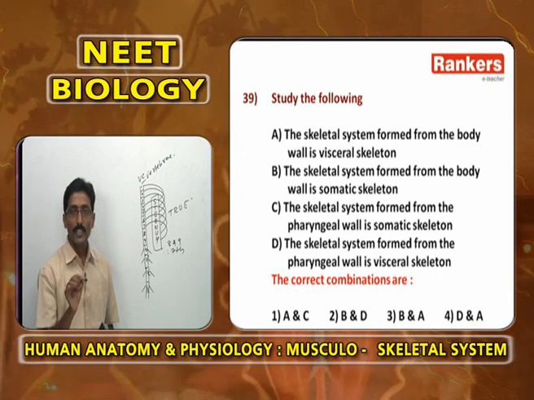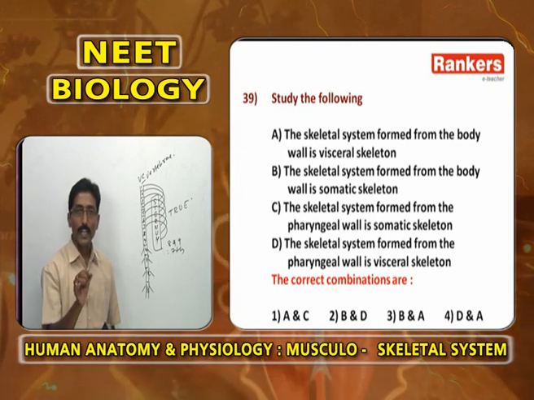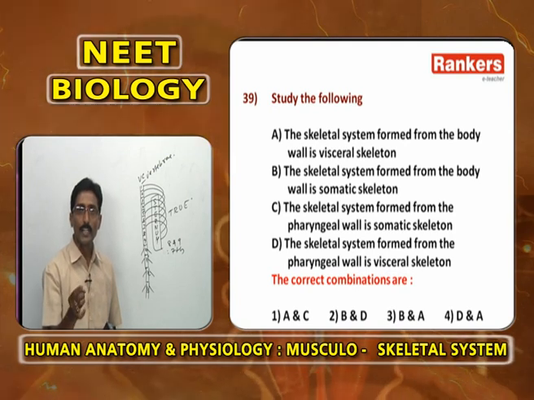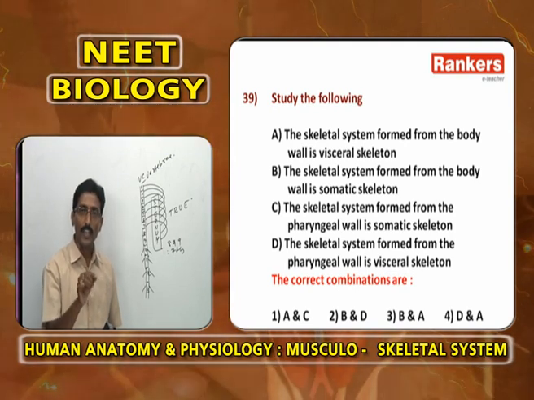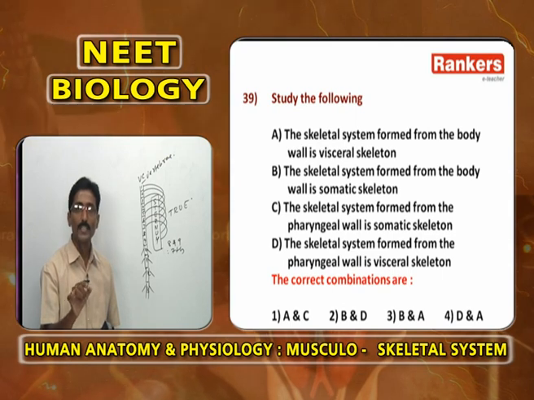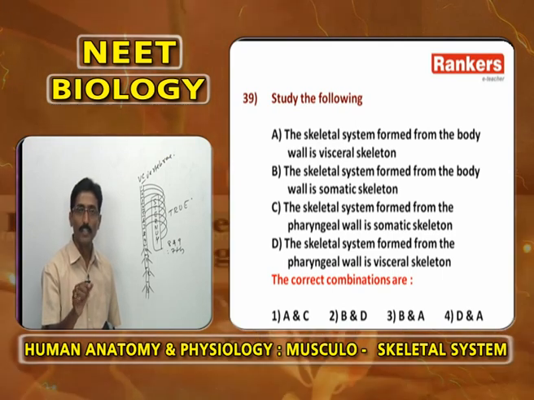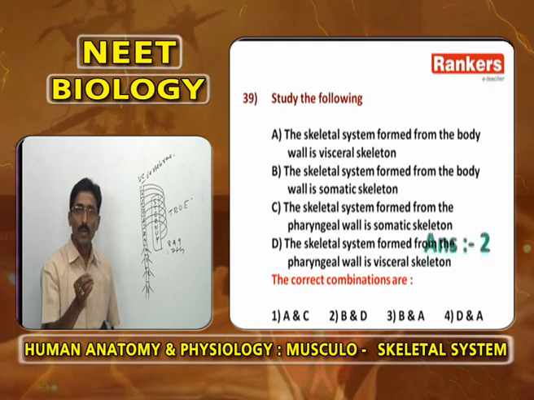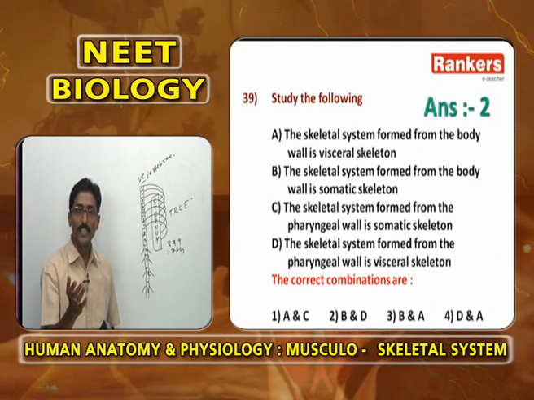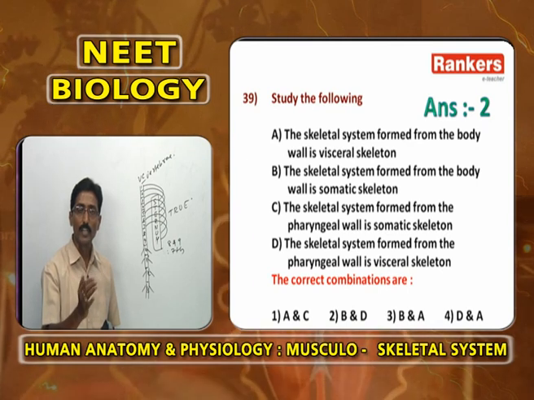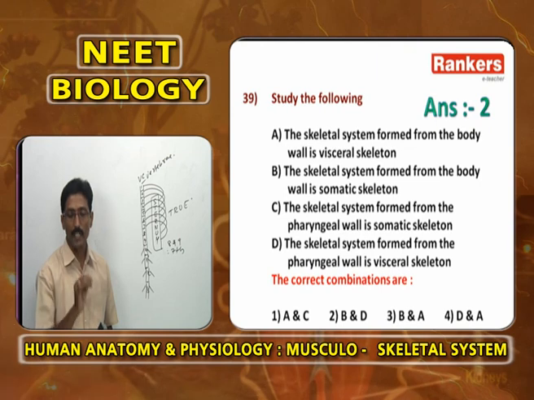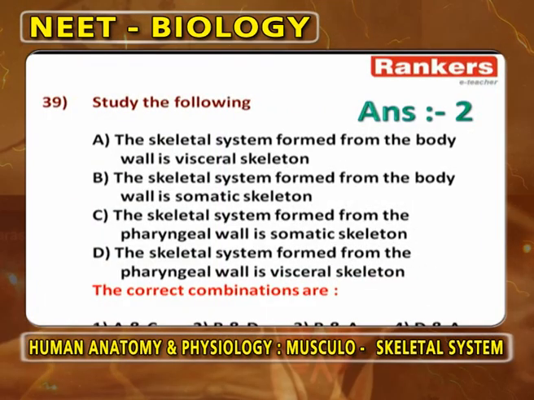Now here the skeleton derived from the body wall is somatic. The skeleton derived from the pharyngeal wall is visceral skeleton. So based on this the correct answer is. Now we go for the next question.